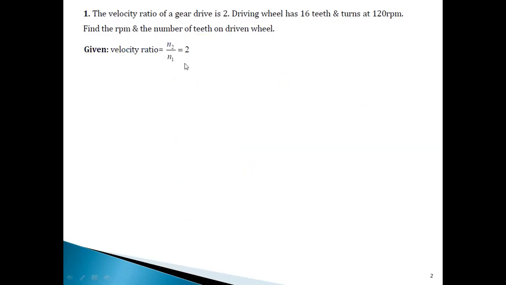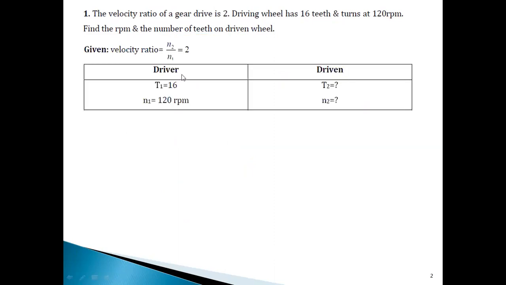Then the conditions for the driver gear: T1 is equal to 16, N1 is equal to 120 RPM. For the driven gear, both are unknown; we need to find these. First we write the relation for the velocity ratio of a simple gear train: N2 by N1 is equal to T1 by T2, as I discussed just now.